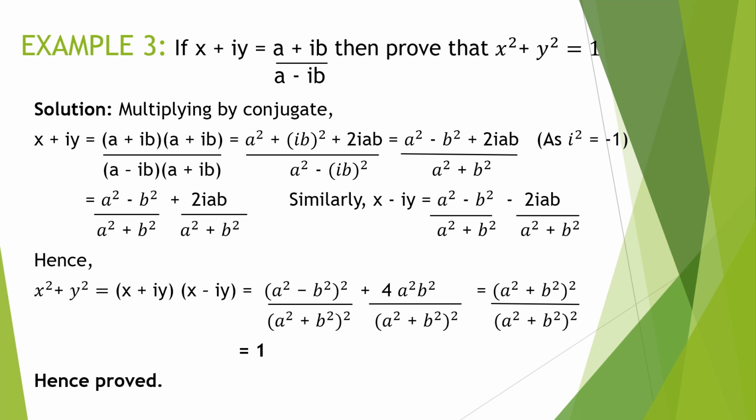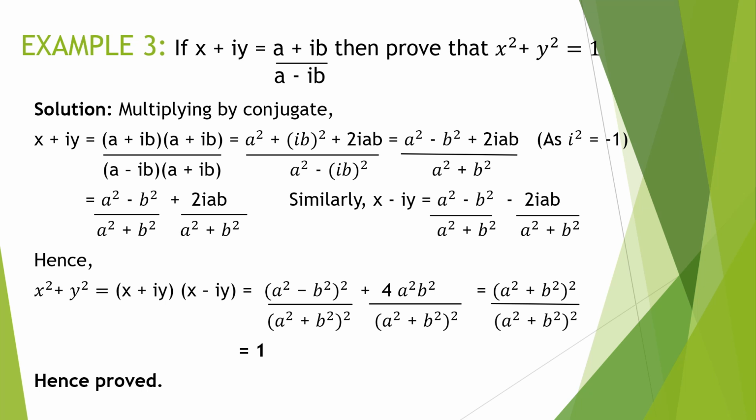Why do we do this? Because we are taking out the real and the imaginary part. Now this is x plus iy. Now its conjugate x minus iy will be what? a square minus b square upon a square plus b square, and instead of plus it will be minus 2iab upon a square plus b square. Since we want x square plus y square, x square plus y square is nothing but x plus iy into x minus iy.